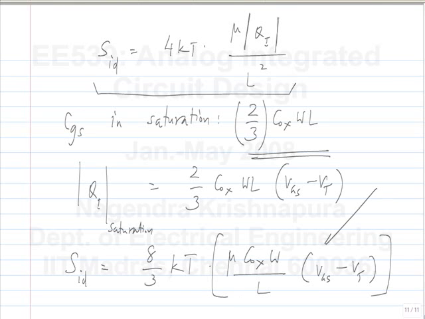What is this quantity? It is the transconductance GM in the saturation region. So it turns out to be 8/3 times KT times the transconductance in the saturation region.